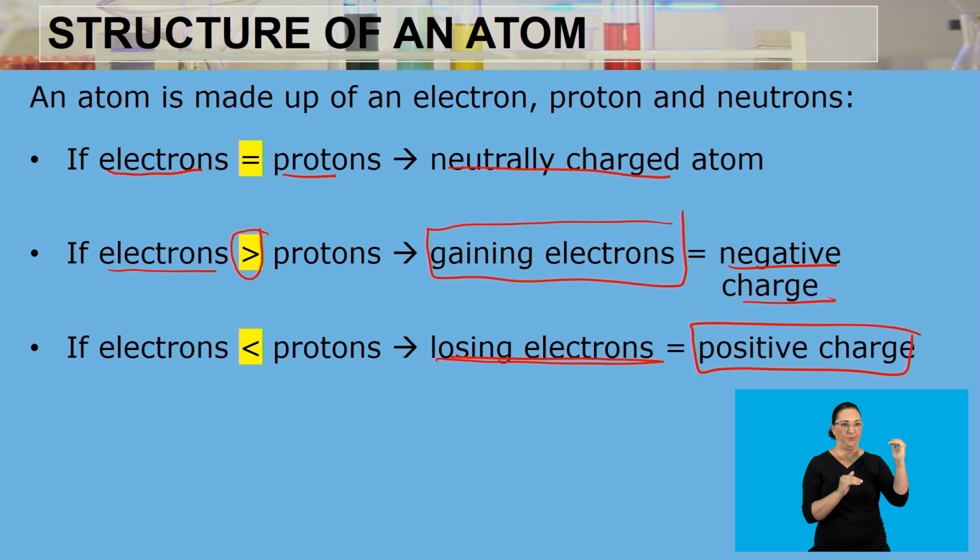Now, in a case where that neutrally charged atom loses electrons, there's going to be more protons than electrons, and the overall charge of the atom is going to be a positive charge. So we always need to know that when an atom has more electrons, it's going to be negatively charged. And when it has more protons, it's going to be positively charged.